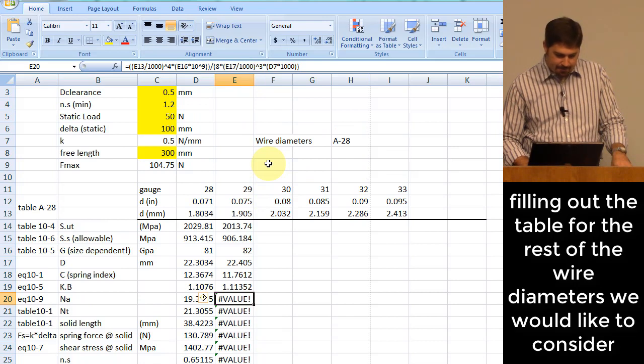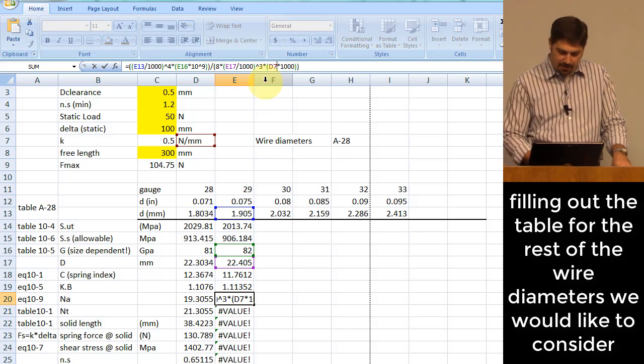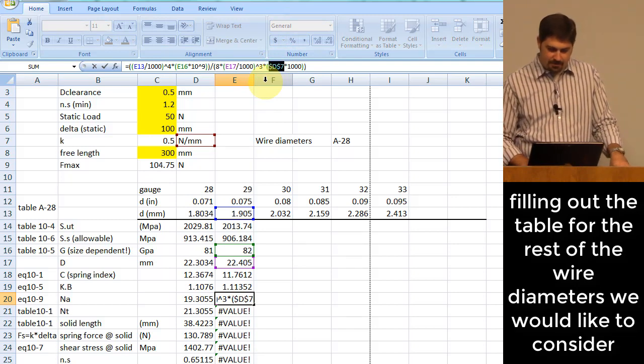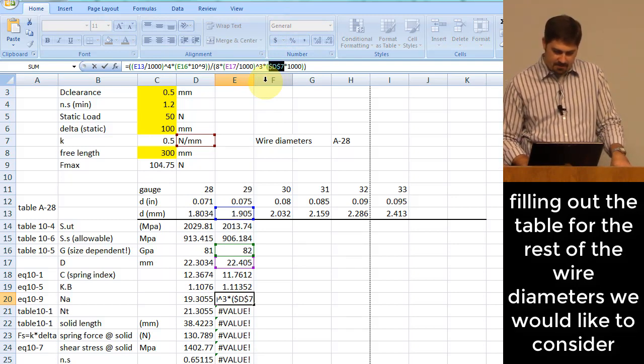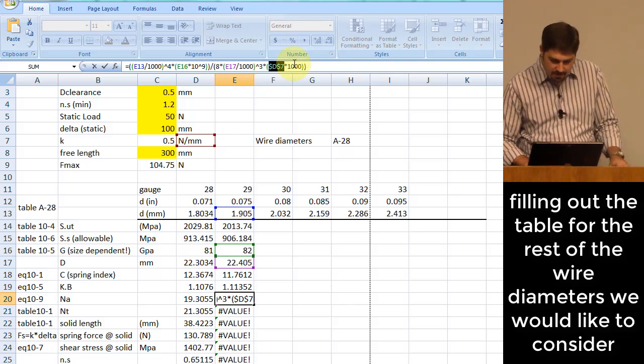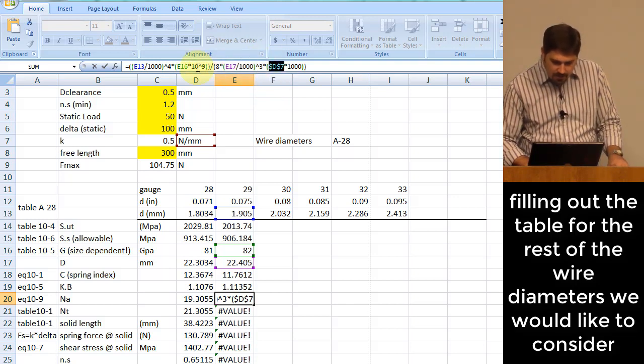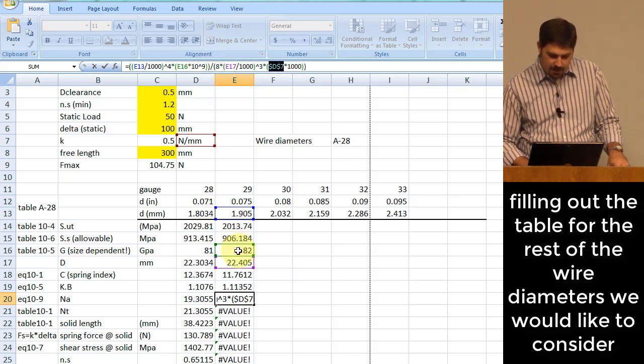What do I have here? All right, my D7. All right, that needed to be an absolute reference. So I'll fix that. Anything else? Was that it? Okay. I think modulus of rigidity is fine. Oh, yeah, I got you.